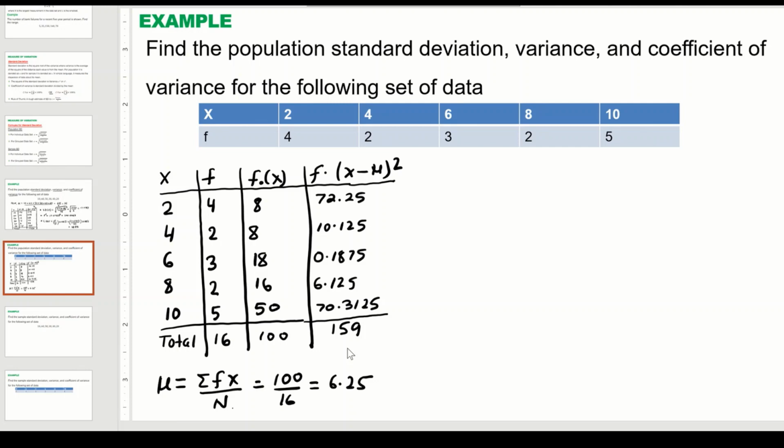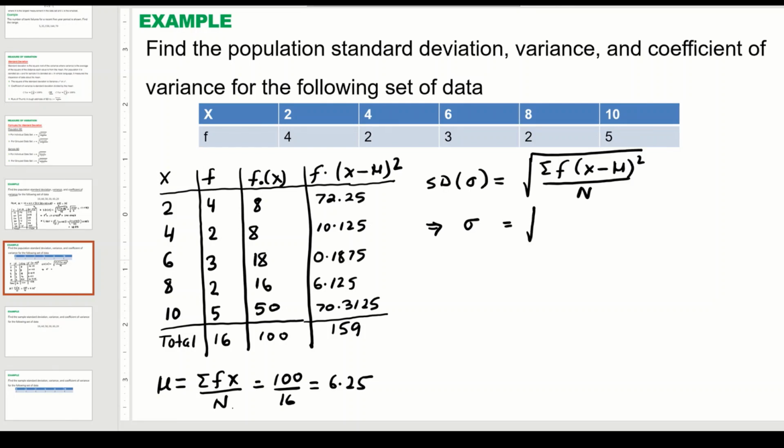Now we are ready to use the formula and calculate the standard deviation. This is the formula for standard deviation. Let's plug in the values. We have the square root of the sum of f times (x minus mean) squared, that is 159, over N, the total number of observations, the sum of all frequencies, which is 16.